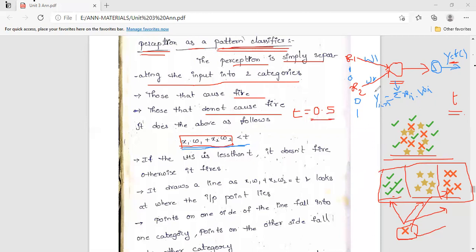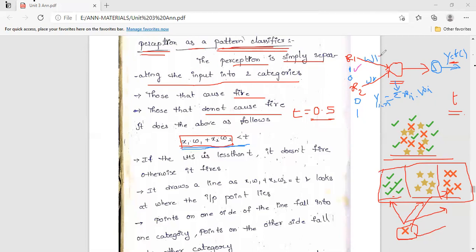What is the meaning of this? For example, assume now x1 is fired. Fired in the sense x1 value is 1.